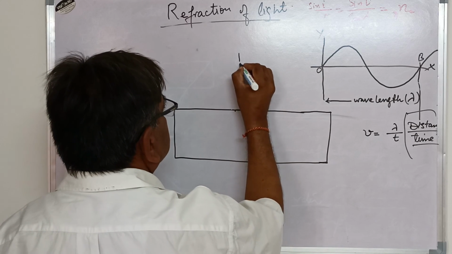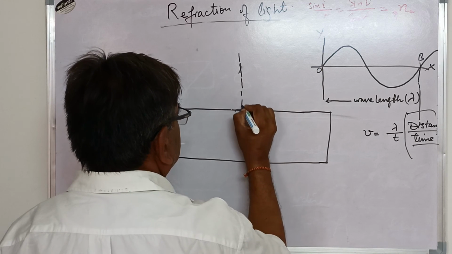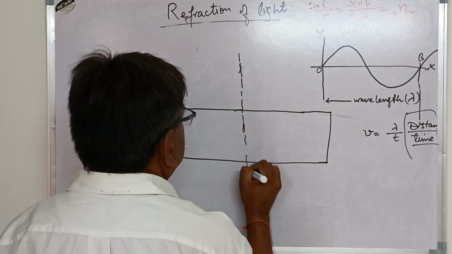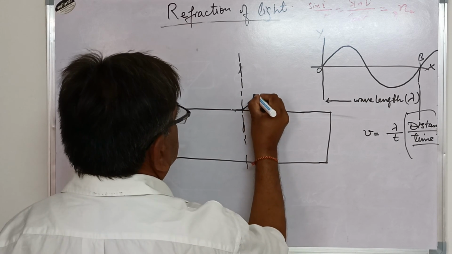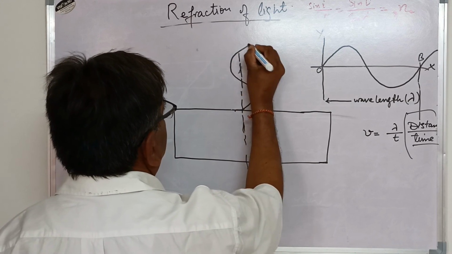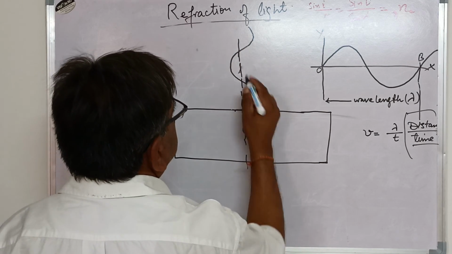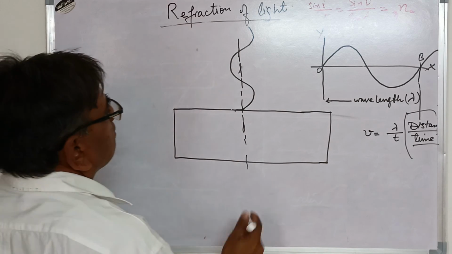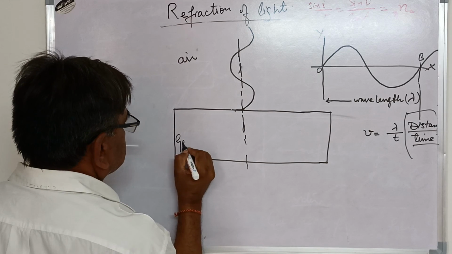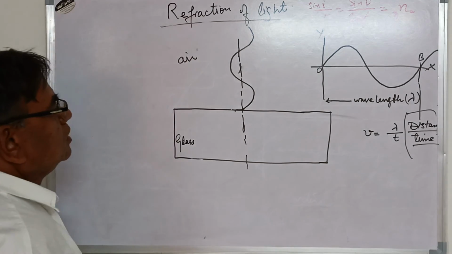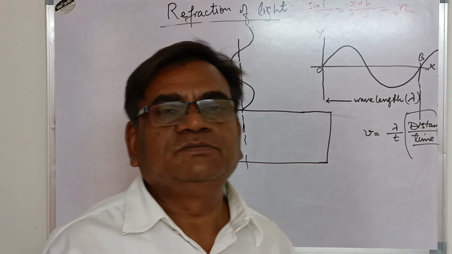Let this be the axis along which the wave is coming. Or I will draw it the other way. This wave is coming in this direction. This is air, and this is glass. When it enters the glass, glass is the denser medium as compared to air.